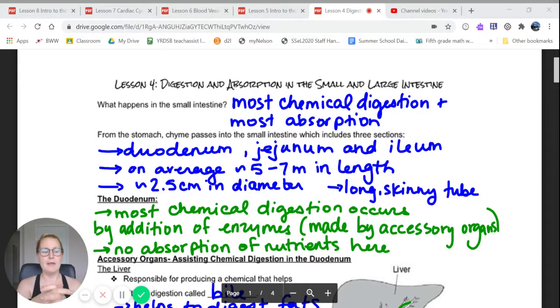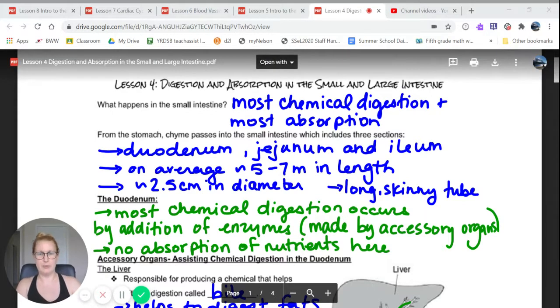So at this point, just entering the small intestine, the carbohydrates are mostly digested, proteins are only partially digested, and fats have not been touched at all. So that's what we start into the small intestine looking at.